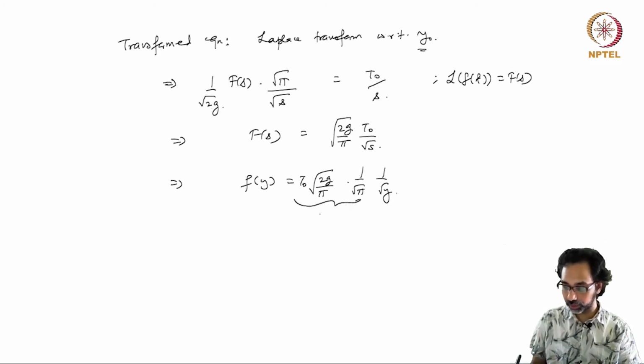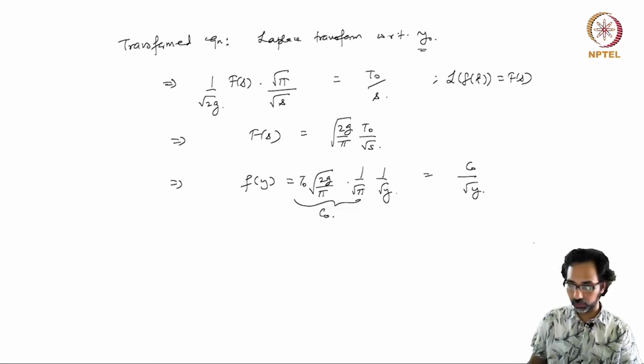So this is some constant, let me call it c0. So this is c0 over square root of y.